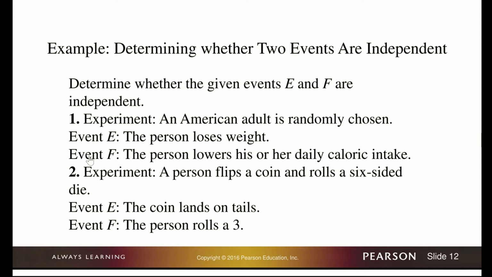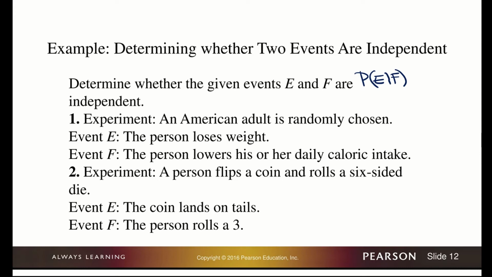So the two events we want to consider are the person loses weight and the person lowers his or her daily caloric intake, right? So basically, think of it. What do you think the probability of E given F is going to be? Is it going to be the same as the probability of E, or is it going to be different?